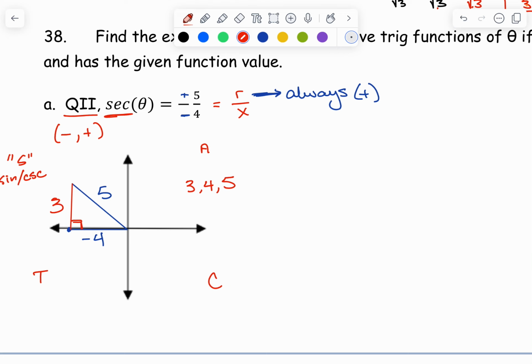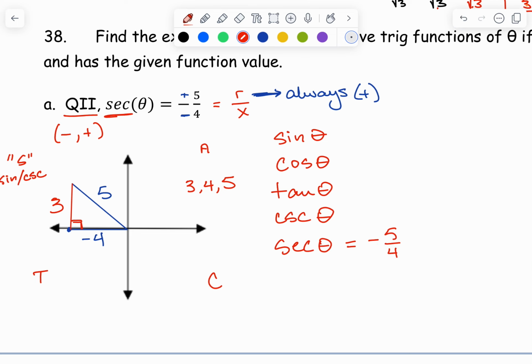And so what you would do now is you would just make your list of all of the trig functions, and obviously you already know the secant because it's given to you, but you would want to find all the remaining 5 using the numbers from this triangle.